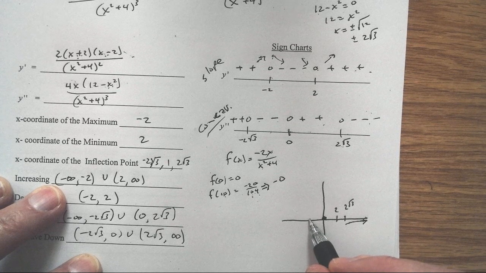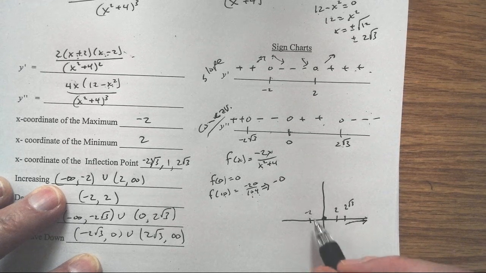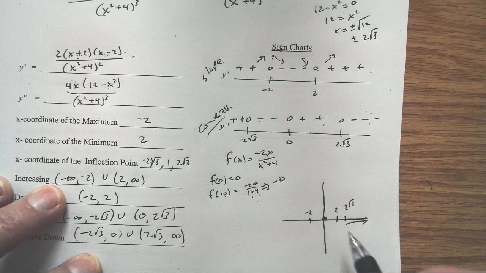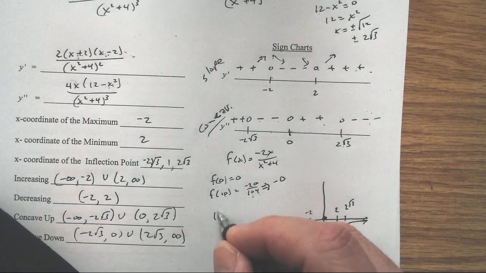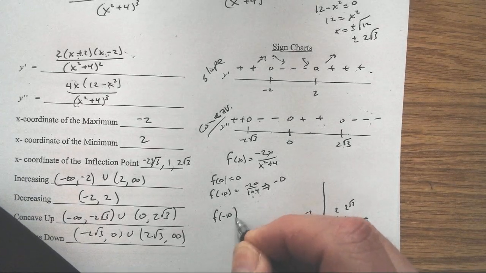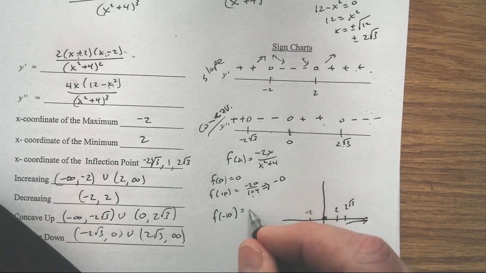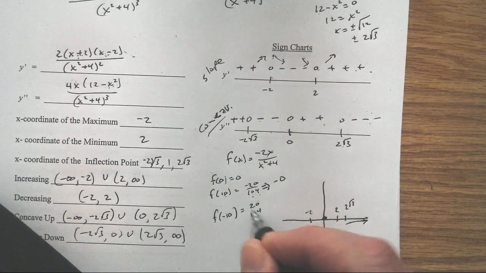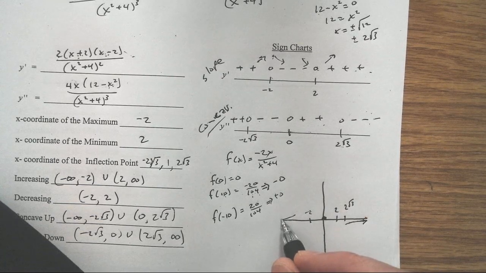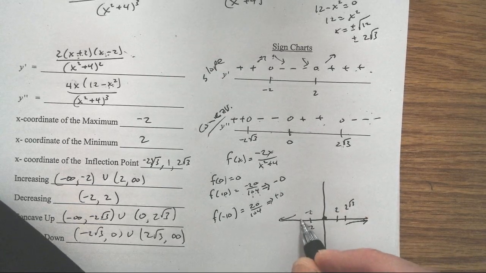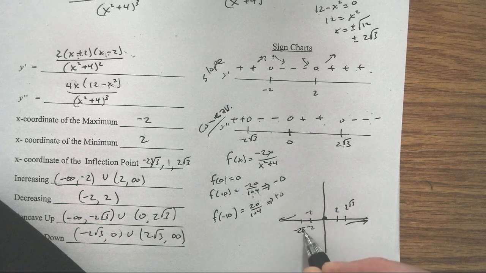Here's negative 2. I might regret putting that down there. I'm going to hold off on that for right now. All right, let's go ahead. f of negative 10 gives me positive 20 over 104. That's trying to be positive 0. It's getting sucked in this way. Negative 2 square root of 3.